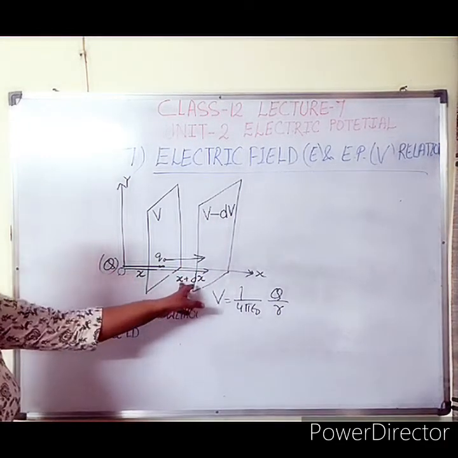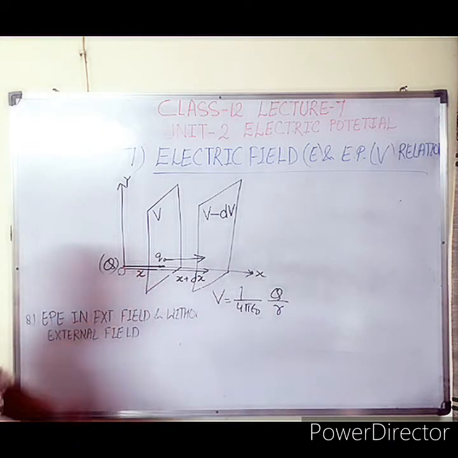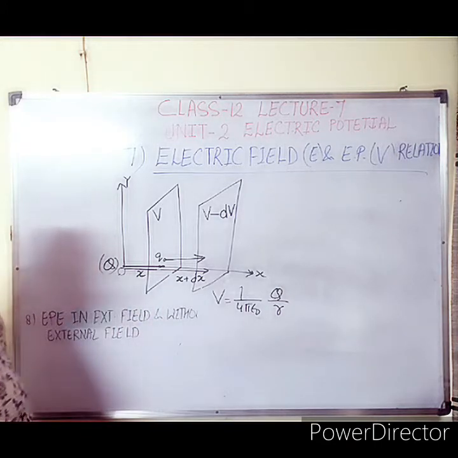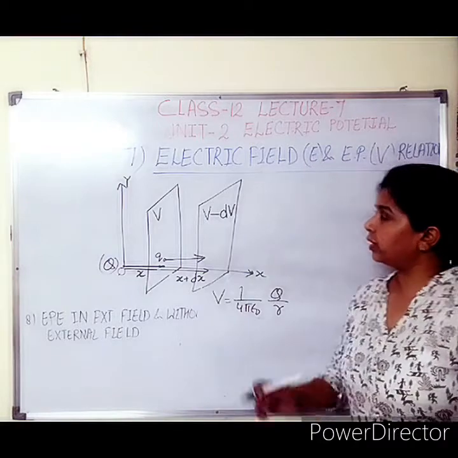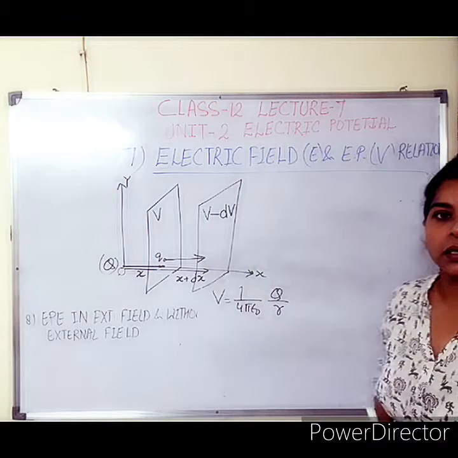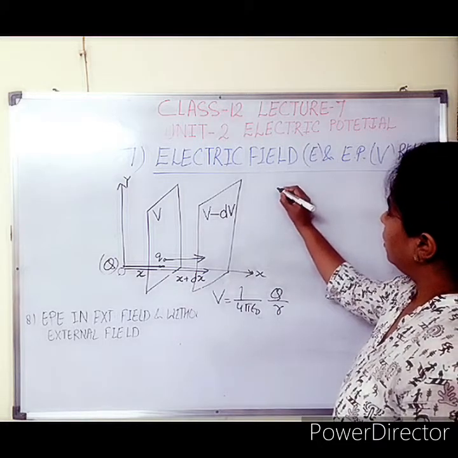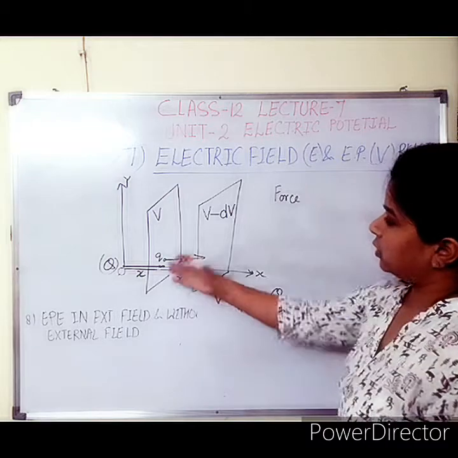And the distance is what? x plus dx. Here for the first surface the distance is x. Okay. So I think all the points are clear to you now. Now we need to find out the relation between electric field and electric potential. So first of all, that force. Which force? Electrical force.